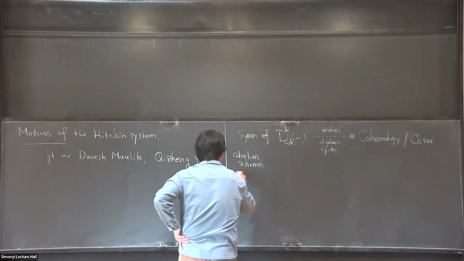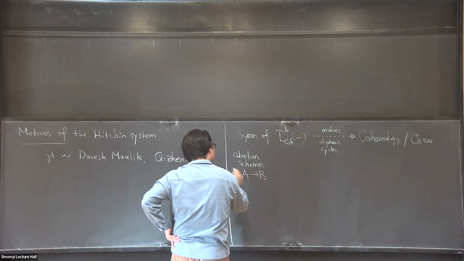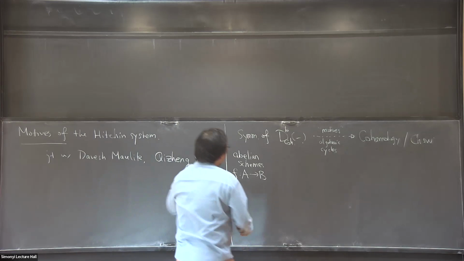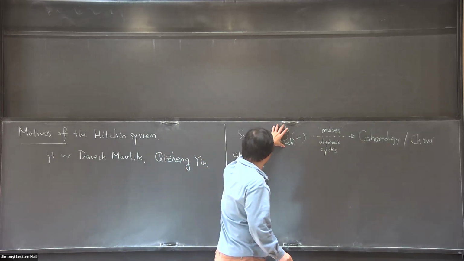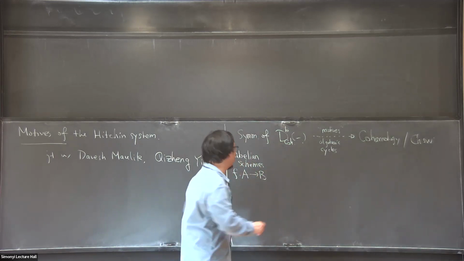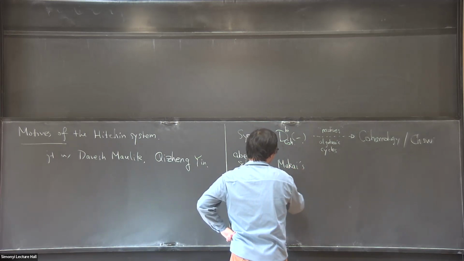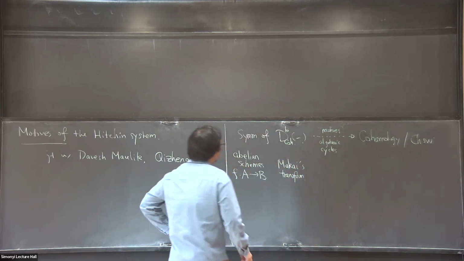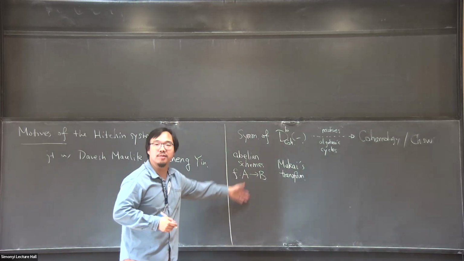If we consider an abelian scheme A over some base B, one of the very famous symmetries of the derived category of coherent sheaves is given by Mukai, now called the Fourier-Mukai transform, which connects the D^b_coh of A with the D^b_coh of A dual, the dual abelian scheme.